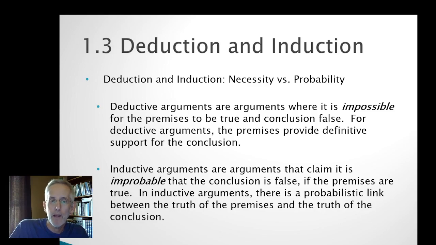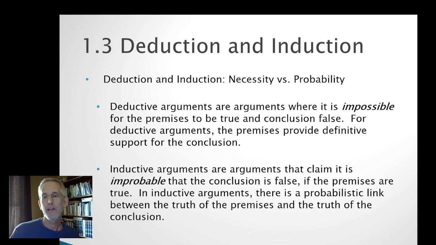So when you're thinking about deductive arguments, if they are constructed correctly, a poorly constructed deductive argument wouldn't meet this standard. But if they are constructed correctly, and we'll talk about what correctly means later on here in this presentation, the conclusion follows with absolute necessity.